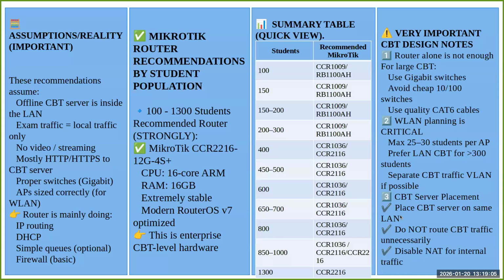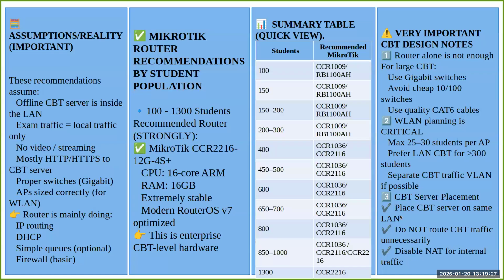And 4S plus means it has 4 SFP ports that can take 10 gig each. That means 40 gig on the 4S ports. That's fiber, 40 gig plus 12 gig. So 52 gigabits of traffic can pass through that router.